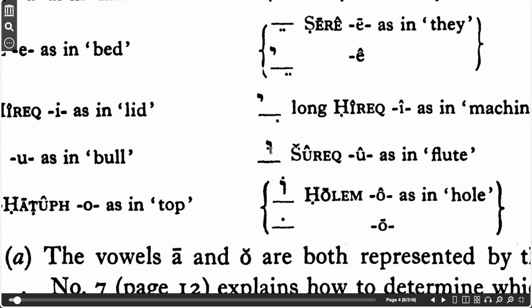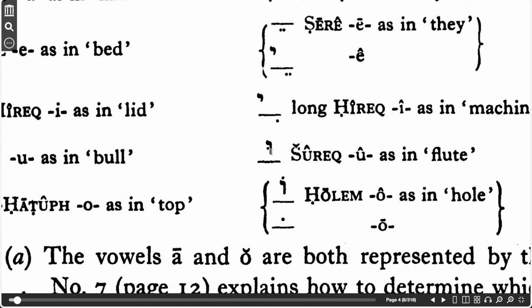So vowel symbols can show up below or above or actually in the letter itself. Okay? In the letter itself. So you have to be able to distinguish it. And that's why the begadkefat letters, the 6 letters that we learned in our previous videos when we learned the alphabet, that dot doesn't represent a vowel, it represents a strong consonant sound.